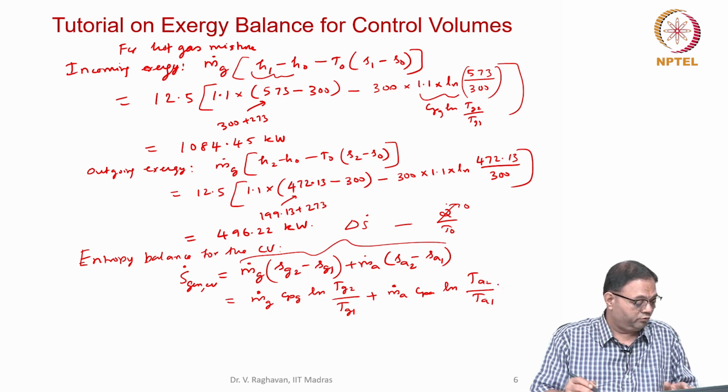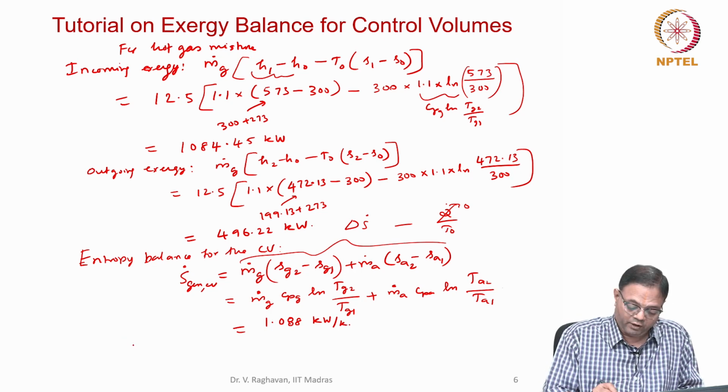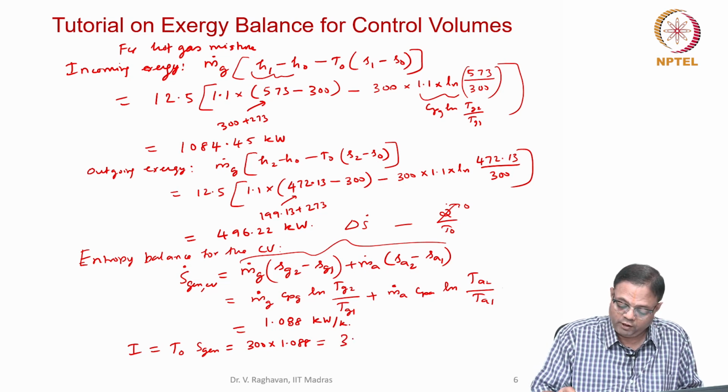We know all the values. Substitute and get the entropy generated, that is 1.088 kilowatt per Kelvin. Now irreversibility is nothing but T naught into S gen, which is 300 into 1.088, which is equal to 326.4 kilowatts.